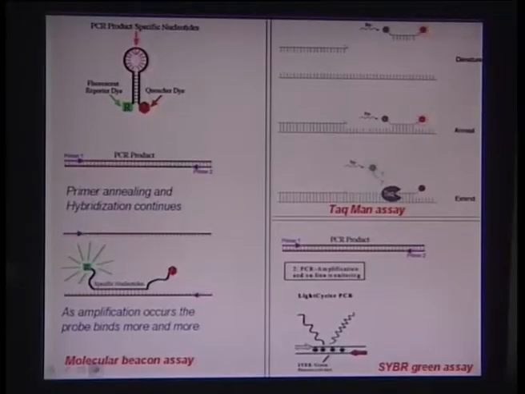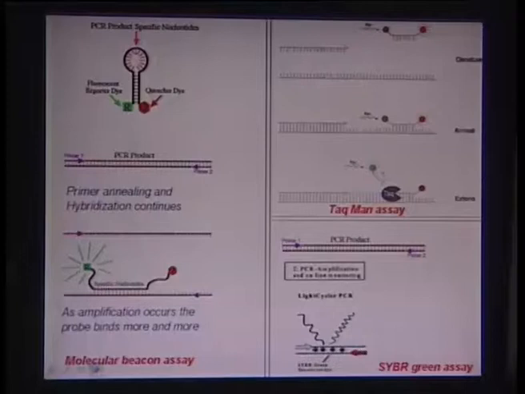Okay, so let us look at some of these different dyes, or how innovatively we can make a combination of the dyes and the primers so that the RT-PCR process can be successfully executed.